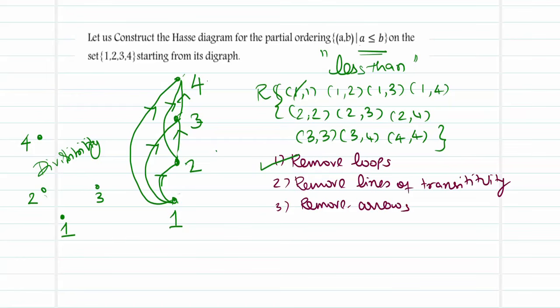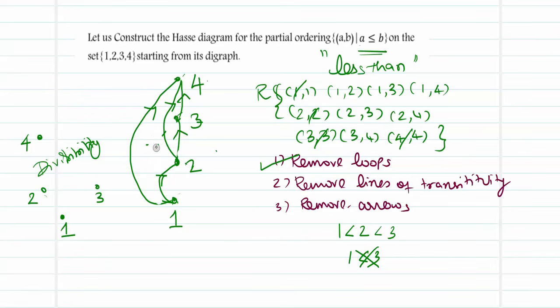What is the next one? Remove lines of transitivity. I know that 1 is less than 2 and 2 is less than 3. So 1 is less than 3 is a line of transitivity. So I remove the line from 1 to 3.